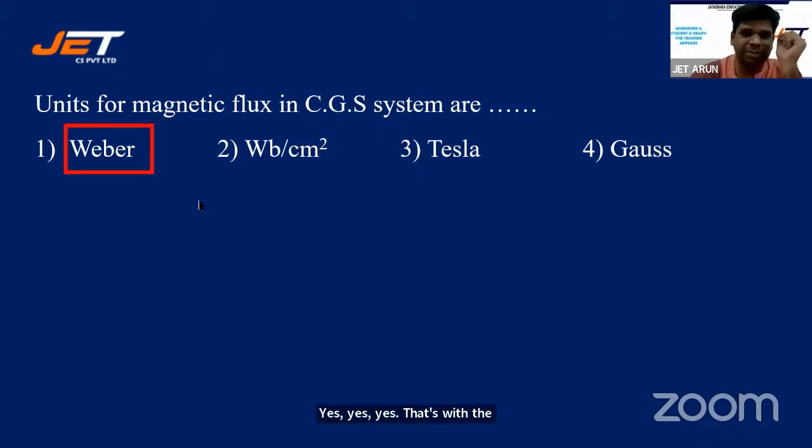Yes, absolutely right, students. Almost everyone has answered. The second is Weber per Tesla. The third is Tesla, which is magnetic field, students, not magnetic flux. Magnetic flux density. So one is absolutely right. Gayatri, Taruni, Bhavana, Ria, Angel, Sai Vardhan. Good, excellent.